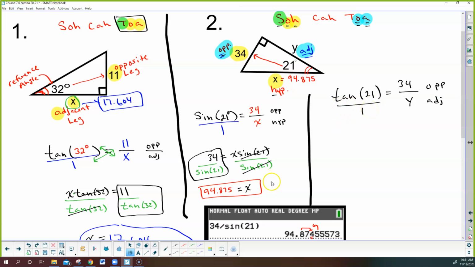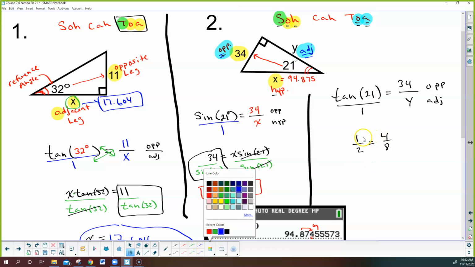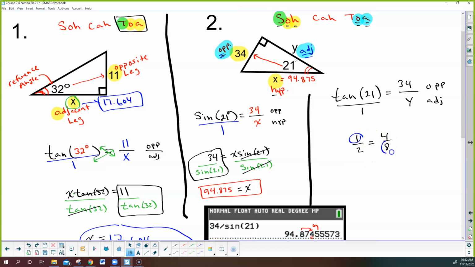I'm going to let you in on a big secret. You can skip some steps here, because watch what's going to happen. Anytime the variable is here, like what if I have 1/2 equals 4/8? Don't write this part here, but what if I just switch the spot of the 1 and the 8?